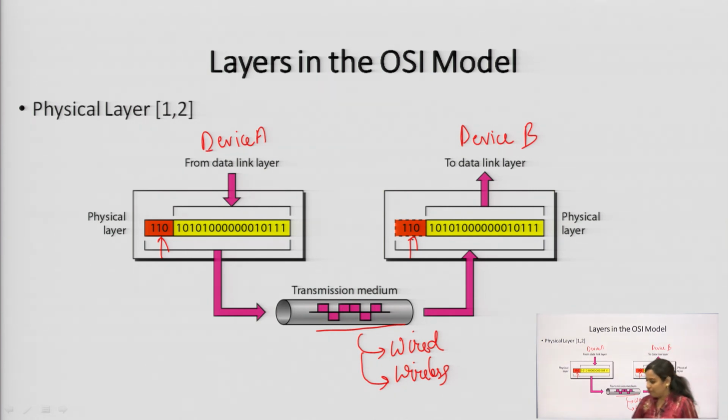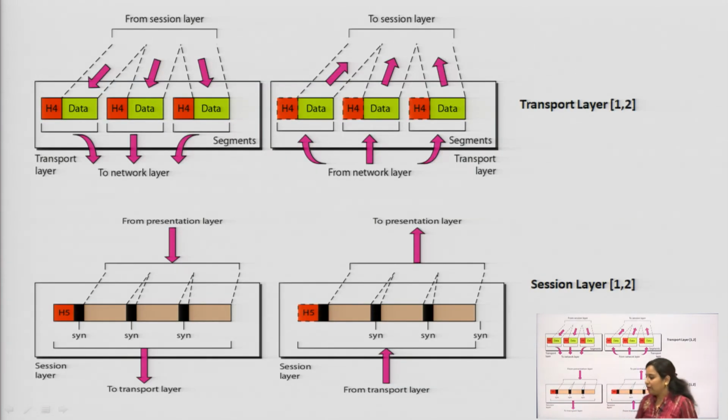So, these are the layers in the OSI model. First is the physical layer, second layer is the data link, another layer is the transport layer. This is the transport layer which will receive the data from the session layer. You can see that at the transport layer the data is broken into, or divided into different segments, and each segment has its own header and that header will be same, H4, H4 and H4.